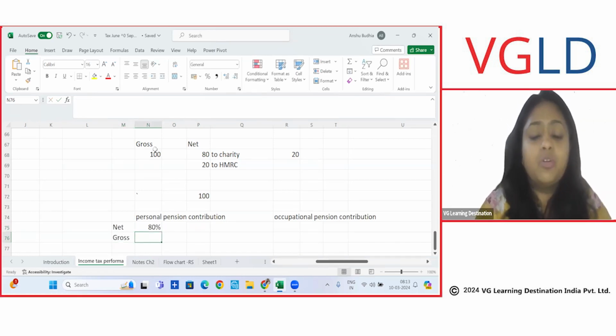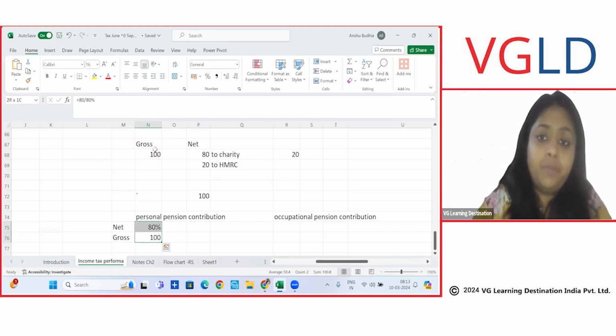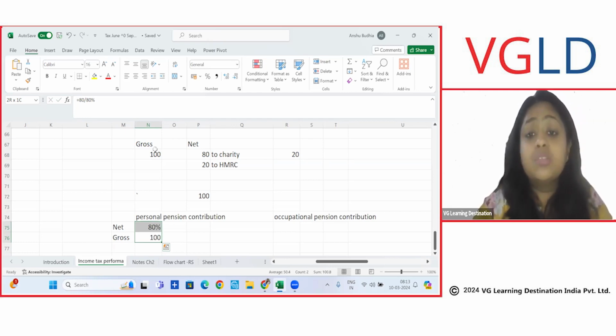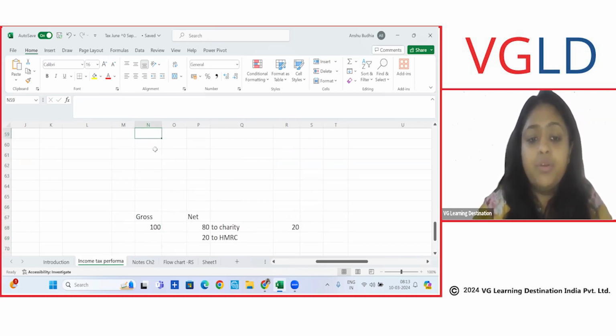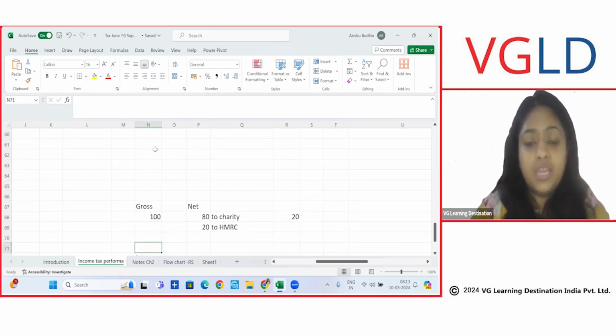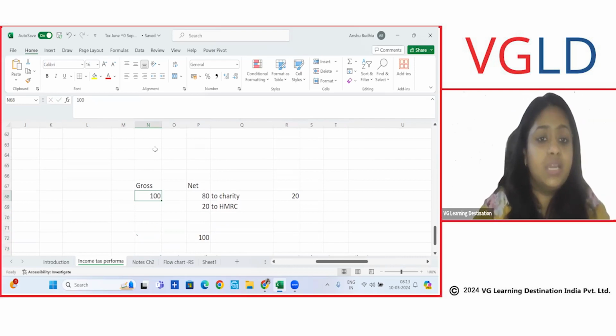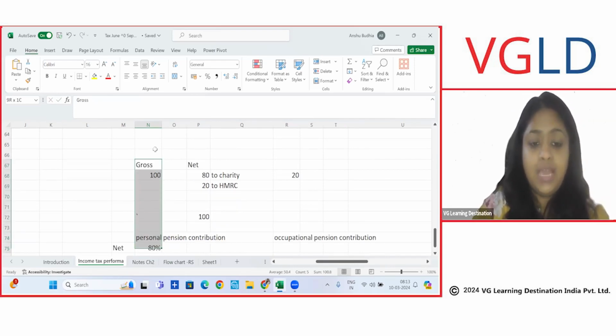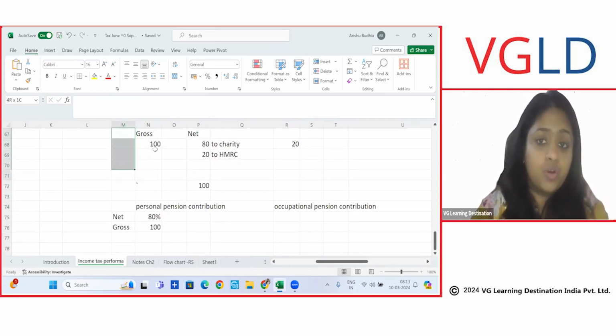Again, you will do the same grossing up: 80 divided by 80%. Same way as gifted donations. For the contributions to personal pension schemes as well as gifted donations, you will calculate the gross amount and then reduce it from the net income to get the adjusted net income. If the question is silent, we assume the amount given is gross only.